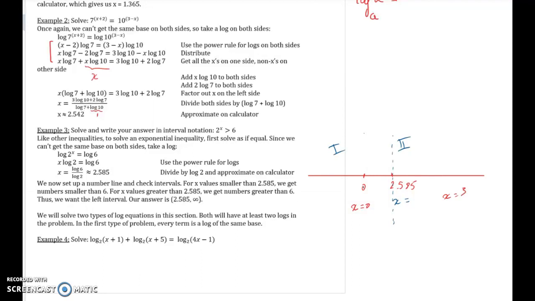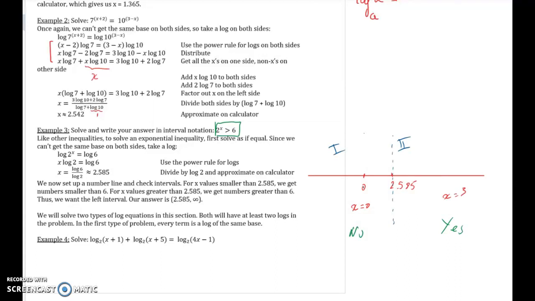Then the only thing I need to do is substitute the value x equals 0 inside my inequality, and check if the value I have will be greater than 6. If I plug in x equals 3, is it greater than 6? Well, when x equals 0, it's not greater than 6, so that is a no. This one is a yes, because 2 to the 3 equals 8, and 8 is greater than 6.